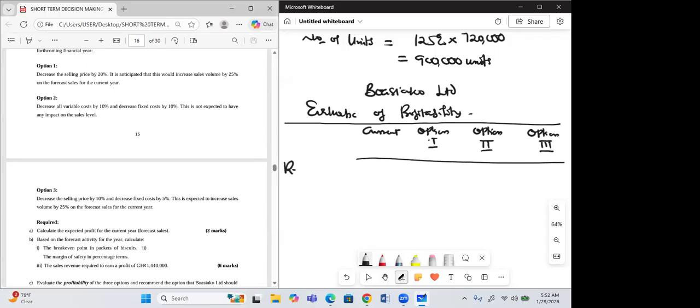So the revenue, yes, the current option, the current one we did, the revenue was what? 5,400. 5.4 million. Yes, sir.